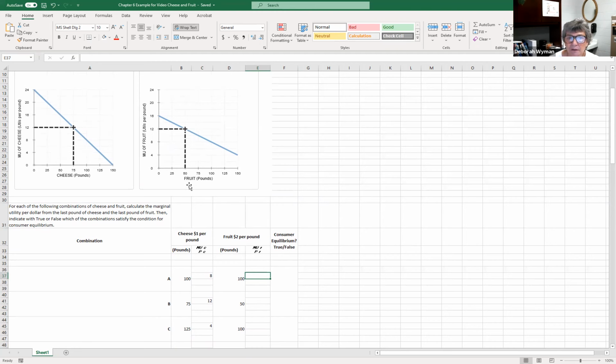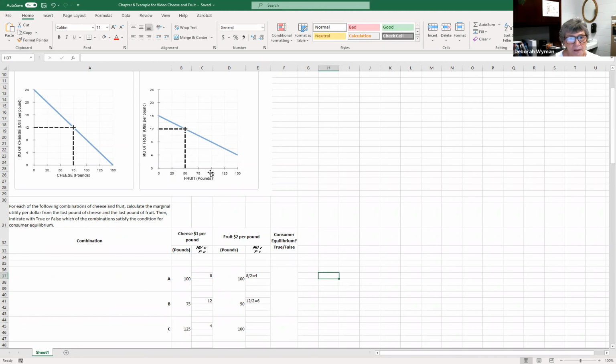So the MU is 8 divided by 2, so we would have 8 divided by 2 equals 4. So for 50, we have 12 divided by 2 equals 6.